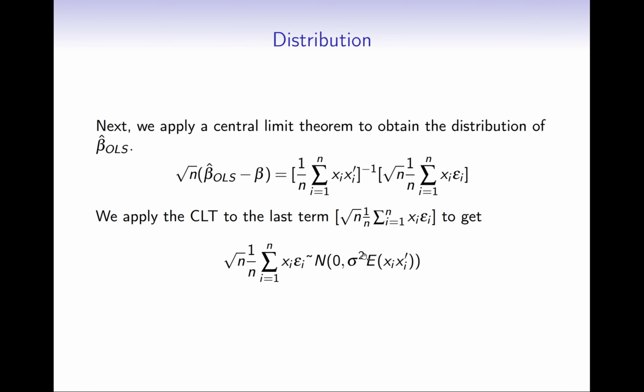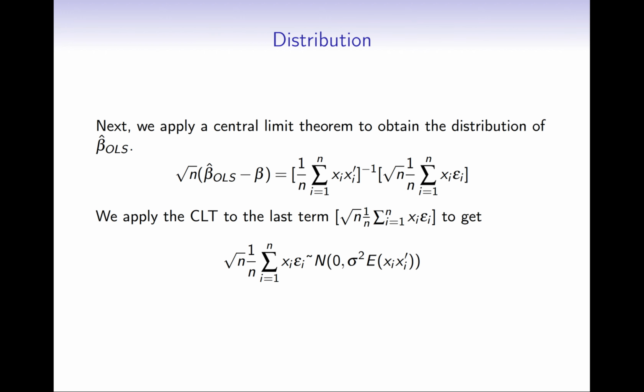Now the variance is going to be like E of x_i epsilon_i squared x_i prime. Well, E of epsilon_i squared is sigma squared. Or actually, you have to apply the law of iterated expectations here too, because you've got E of x_i epsilon_i squared x_i prime, and that expectation is over X and epsilon.